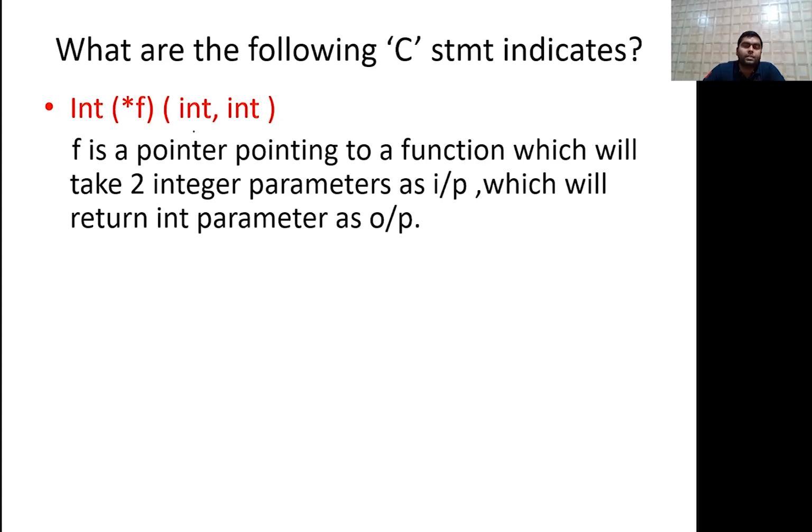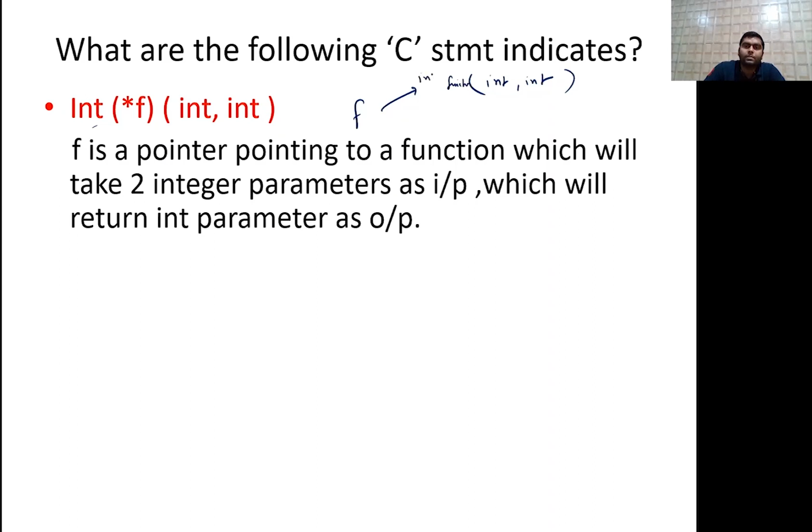It will return that integer as what? Output. So it will return an integer as output. So that is, f is a pointer pointing to a function. f is a pointer, which will point to what? A function. So f is a pointer pointing to a function. Okay, so pointing to a function like this. f is a pointer pointing to a function, which will take two integers as argument and parameter. This will have two integer arguments, parameters. And this is a function, and what will be its return type?